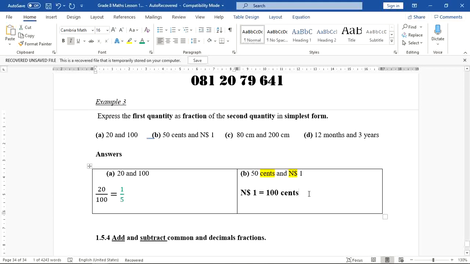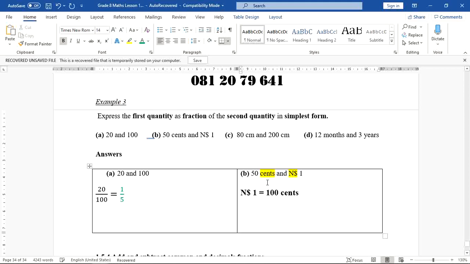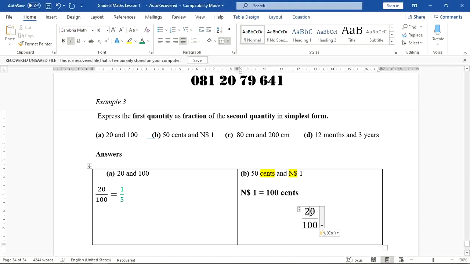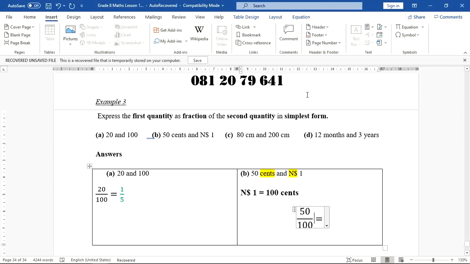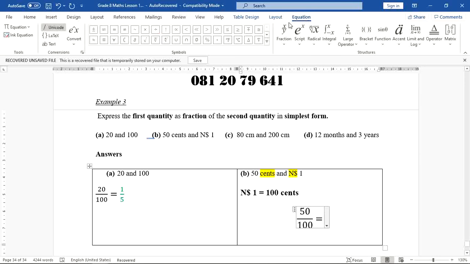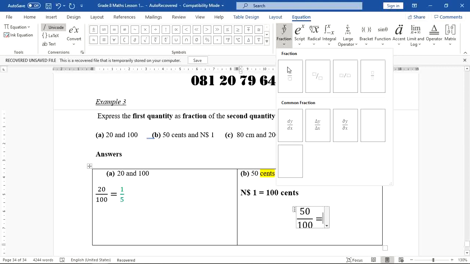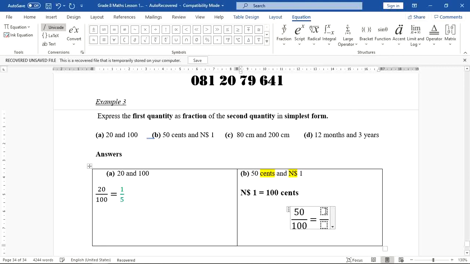Please do not divide if you did not change the units. For the units to be the same, the units should be the same. And we know that 50 is a half of 100, so the fraction will just be 1/2. Or you can say the highest common factor of 50 and 100 is 50 itself, and the answer will just be a half.